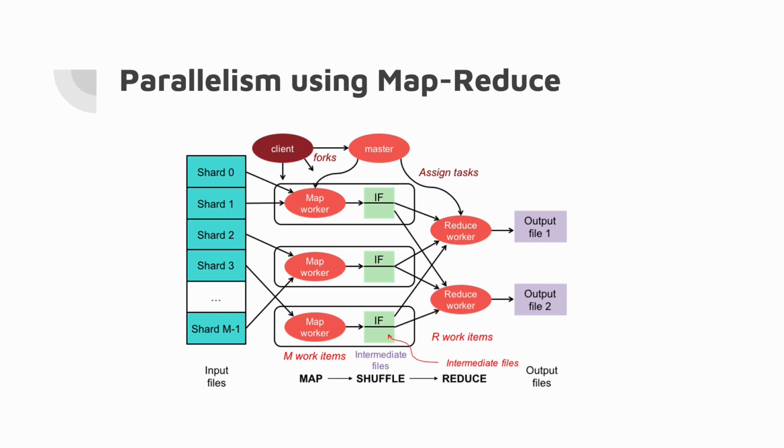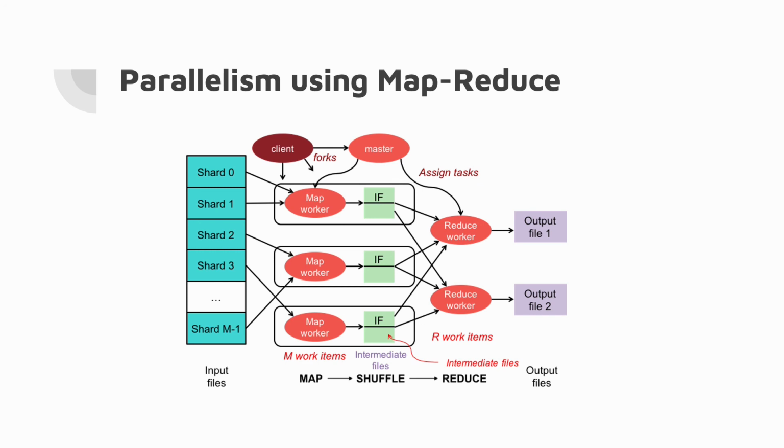The client library initializes the shards and creates the map workers, reduce workers, and a master. Map workers are assigned a shard to process. If there are more shards than map workers, then a map worker will be assigned another shard when it is done. Map workers invoke the user's map function to process the data and write intermediate key value results onto their local disk. This intermediate data is partitioned into R partitions according to a partitioning function.